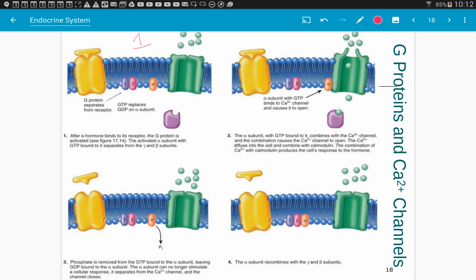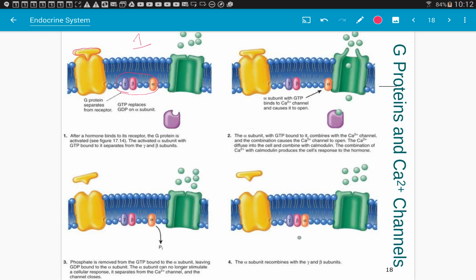What happens? Well, we have a hormone that is bound to a receptor right there. Okay? So once the hormone binds to the receptor, what's next? We have a set of 3 little molecules combined. So gamma, beta, and alpha together. They usually all sit together.